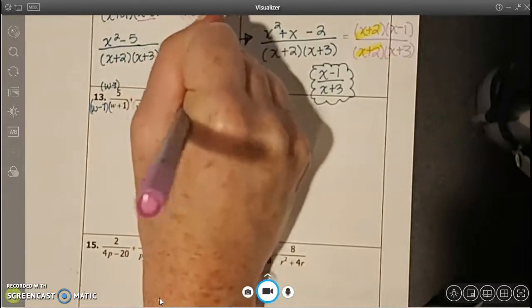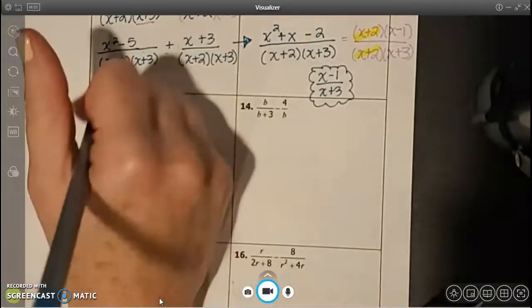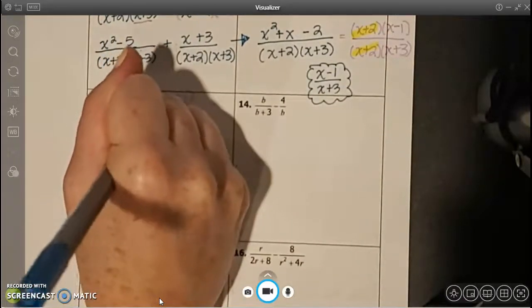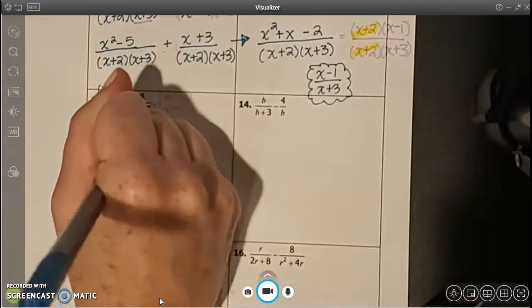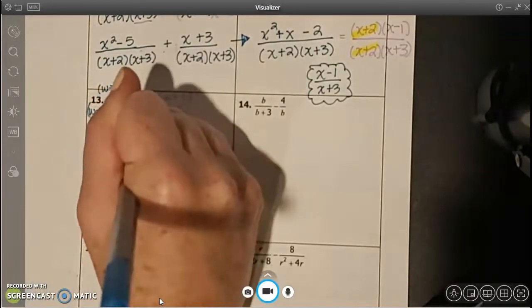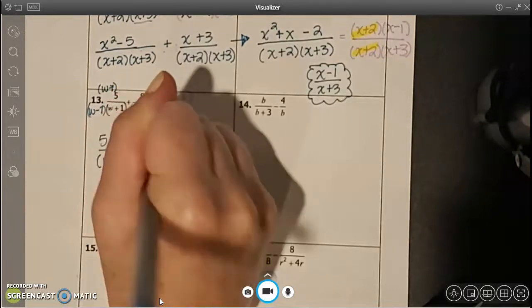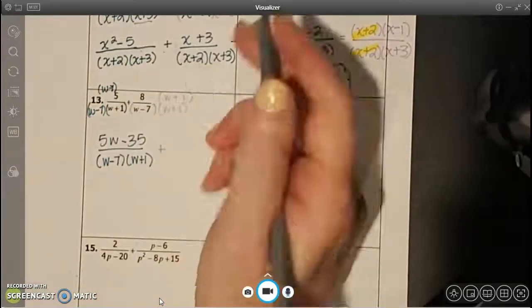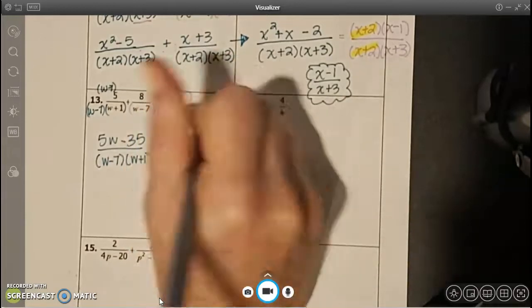I'm going to want to distribute in the numerator. So 5 times w is 5w. 5 times negative 7 is negative 35. Again, I just distributed that factor of w minus 7 to the 5. Okay, let's go ahead and distribute this 8. 8 times w is 8w. 8 times 1 is plus 8.